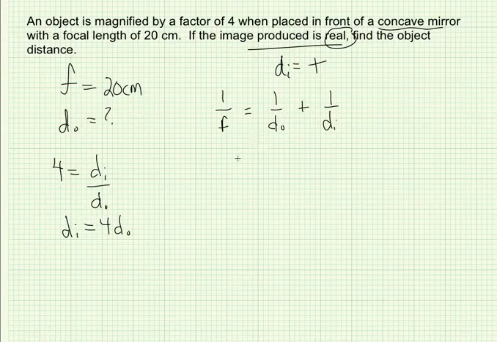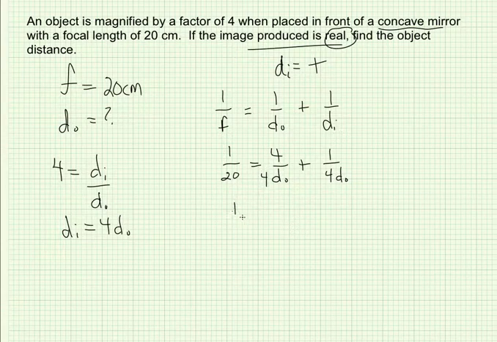So let's do this. I'm going to put this 1 over 20 equals 1 over DO. This time is going to be plus 1 over 4 DO. I can't add those terms until they're common. And the way I do that is I'm going to make this 4 over 4 DO.